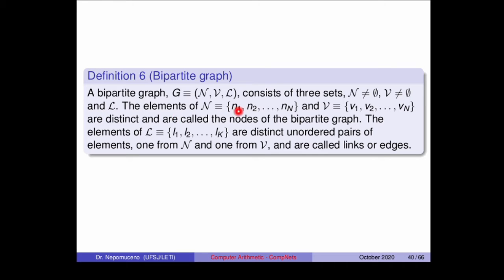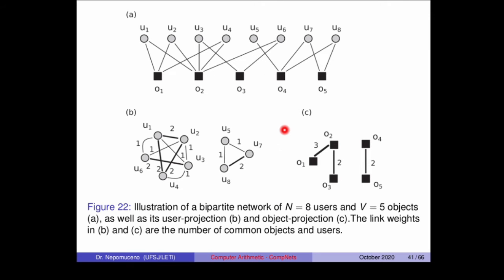The elements of N and V are the nodes, and L are the links, so you can connect all of these in a similar way. And here's what you have when you have a bipartite network: an illustration of a bipartite network with N equals 8 users and V equals 5 objects, as well as its user projection.